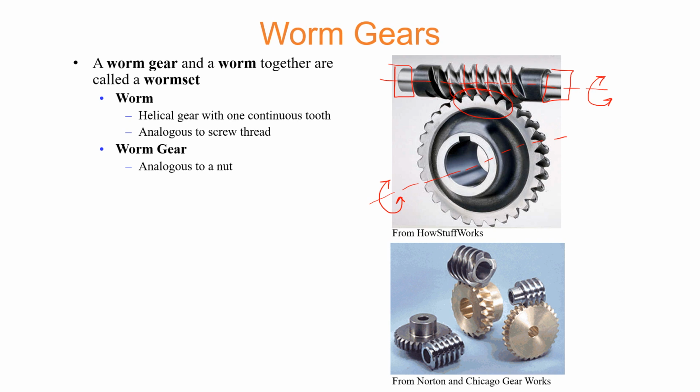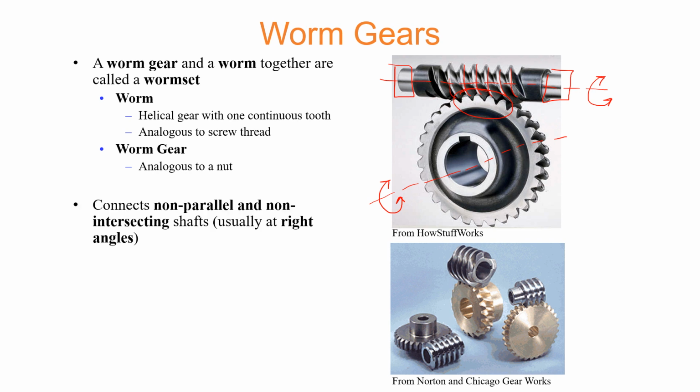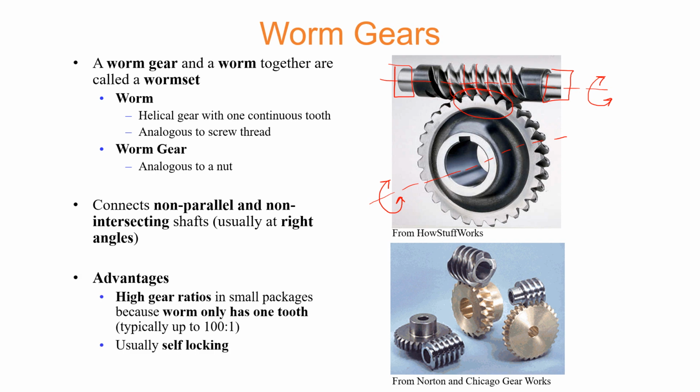So with this realization that a worm gear is going to have two components which are non-parallel and non-intersecting, and usually at right angles, you may realize the internal arrangement. And the advantage, apart from transmitting the torques from one side to the other, is that you may have very high gear ratios, and that is a very good advantage to have.